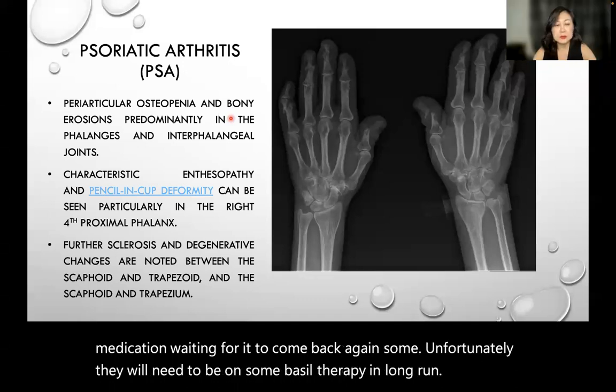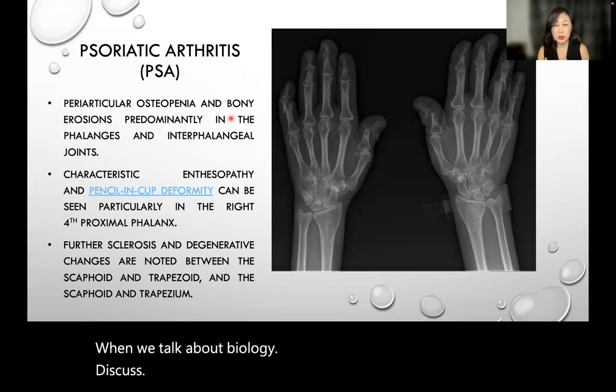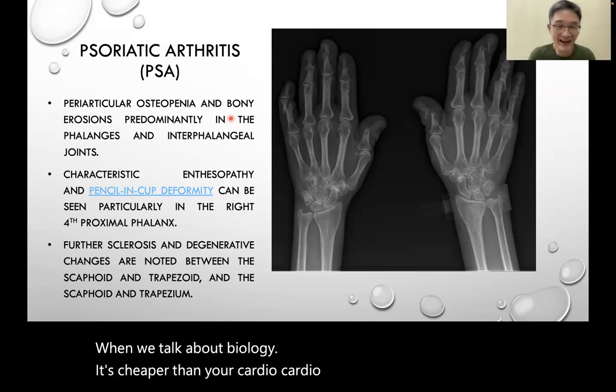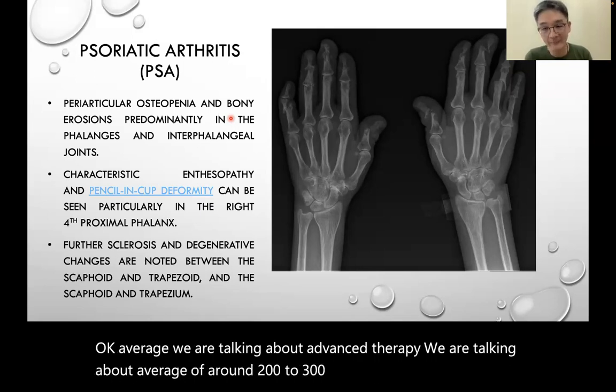Okay, when we talk about biologics, let's say for rheumatoid arthritis, how much are we looking at for a year of treatment? It's cheaper than your cardio intervention. Okay, on average, for advanced therapy, we are talking about around 2,000 to 3,000 per month.